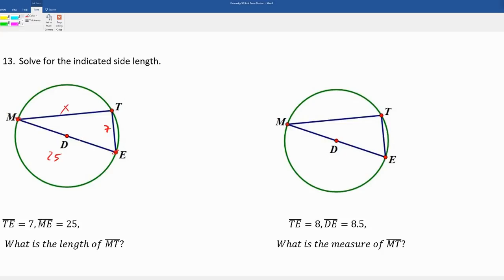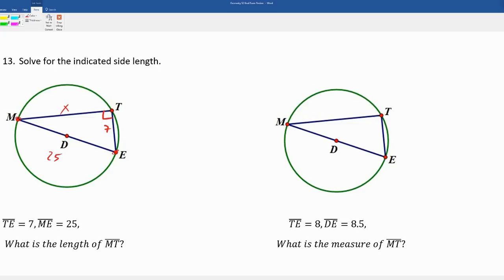Interesting. One thing for sure that you have to be aware of here is whether D is considered the center of your circle. If you guys remember, if ME is your diameter and it runs through the center of the circle, there's an actual theorem for this.